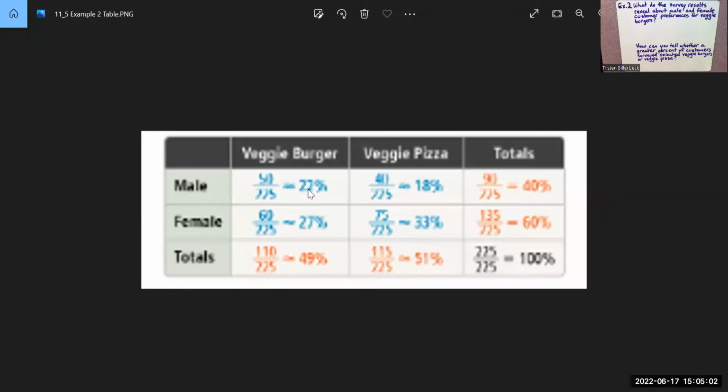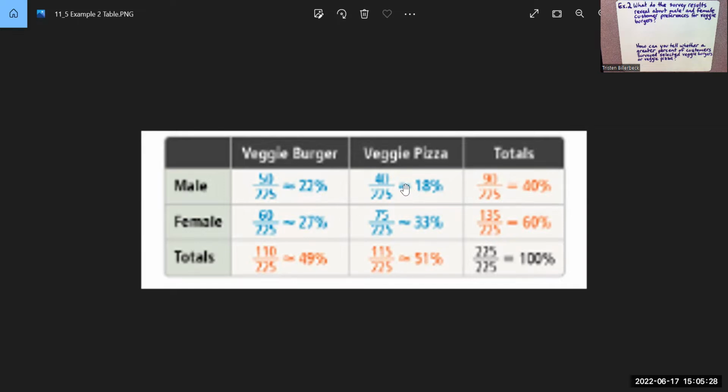So 22% of the people surveyed, without splitting just men versus women, liked the veggie burger. 27% liked the veggie burger of the women over all the population of people surveyed.